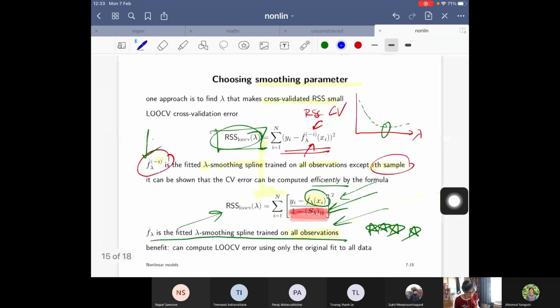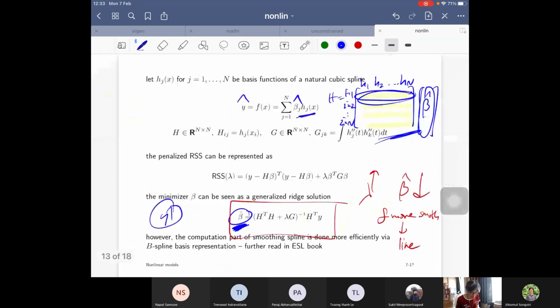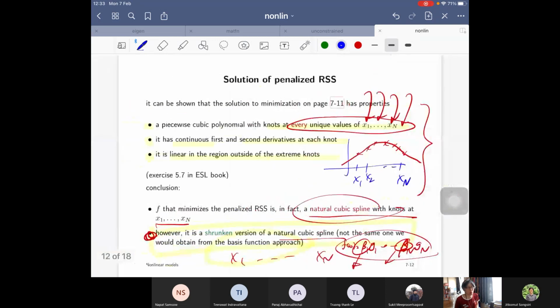Smoothing spline is a library command in many languages, so you only need to know the principle of how to choose the smoothing parameter lambda in order to control the degree of model flexibility.